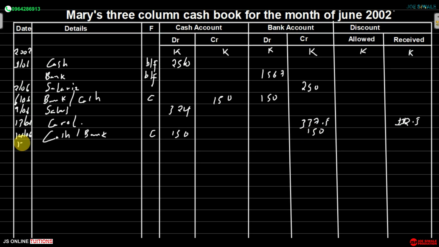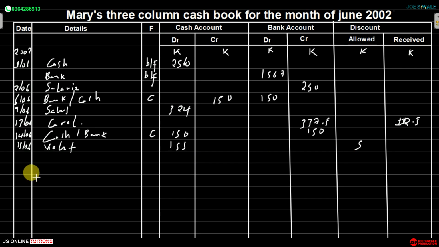So 15th of June, we're going to say Violet. So since the business was receiving that amount, we're going to debit the cash account 155, and we allowed a discount of 5.